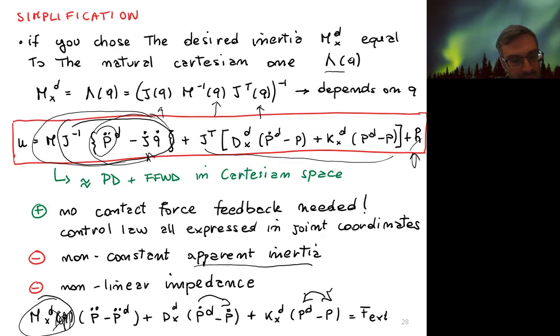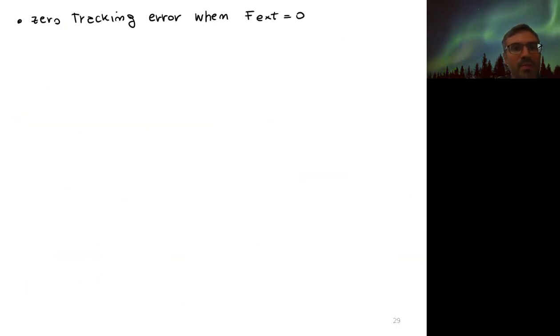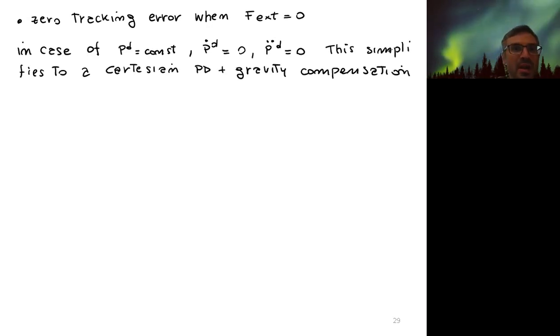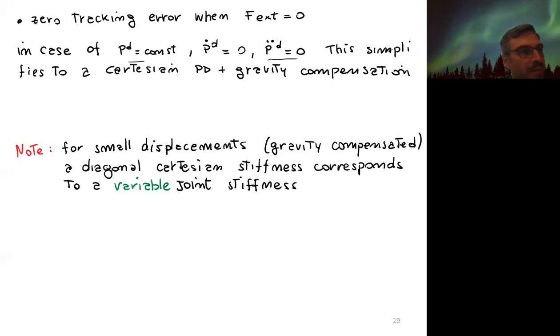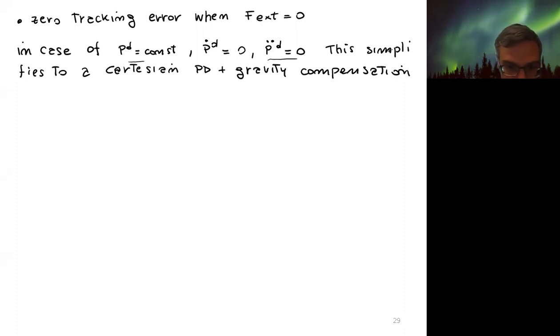Now we can further simplify this control law. We see that whenever there is no external force, we will have no displacement from the desired position. And if we set the desired position to be constant, so zero desired velocity and acceleration and constant position, the control law simplifies to Cartesian PD plus gravity compensation.